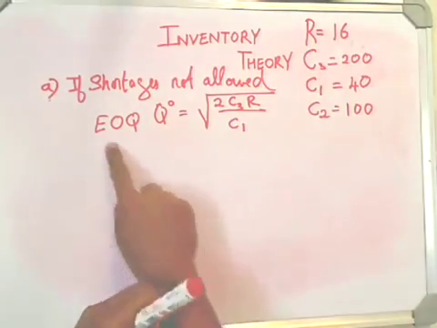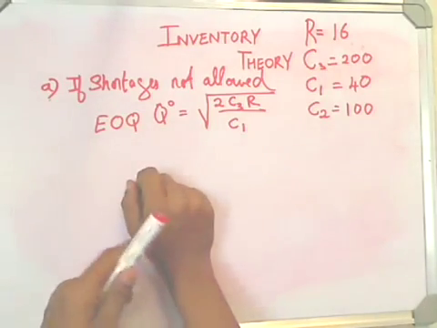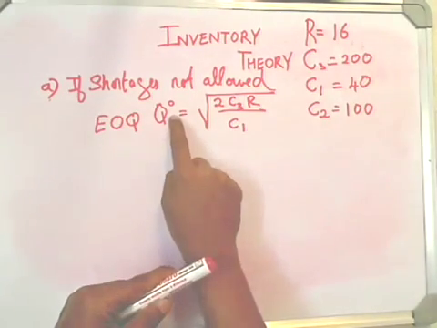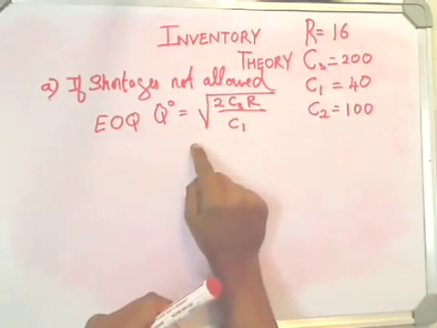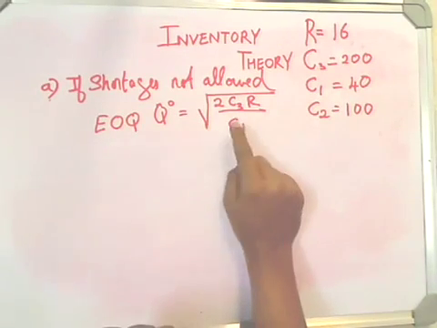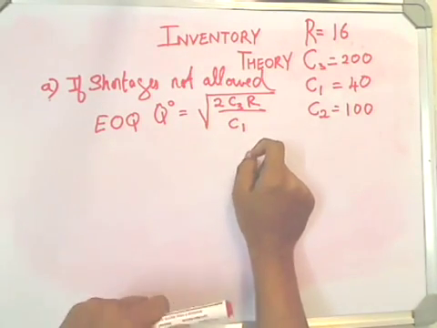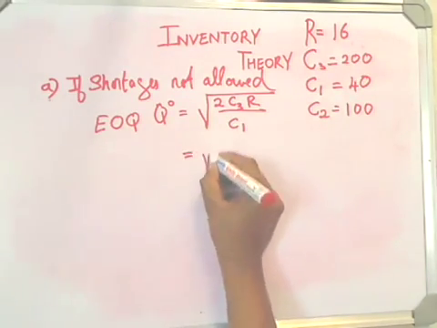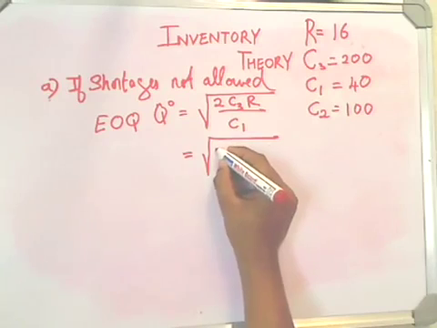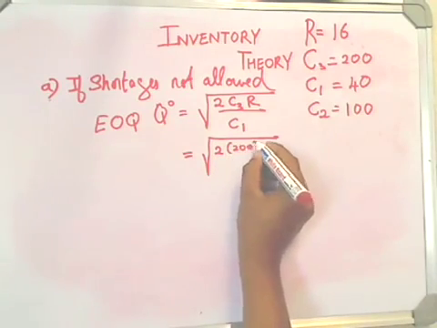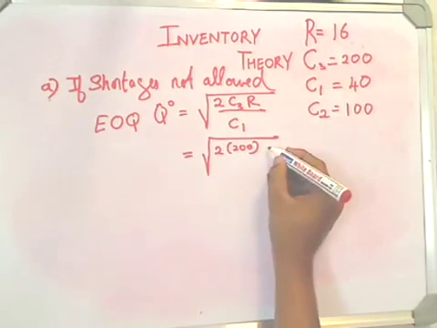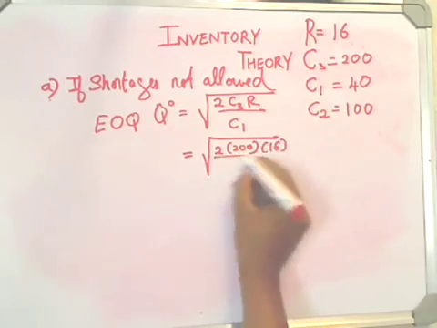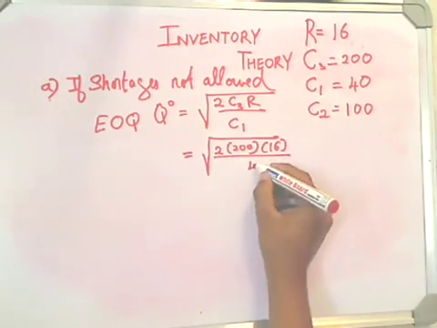So the first one that you have here would be the economic order quantity. Okay, now that's been represented as Q naught, which is equal to square root of 2C3R divided by C1. Okay, now if you were to substitute the values that is here, you should be able to get 2 multiplied by 200 multiplied by 16, that would be the order quantity, divided by 40.